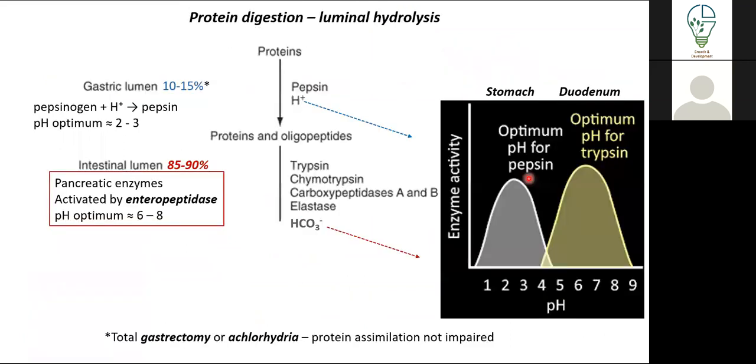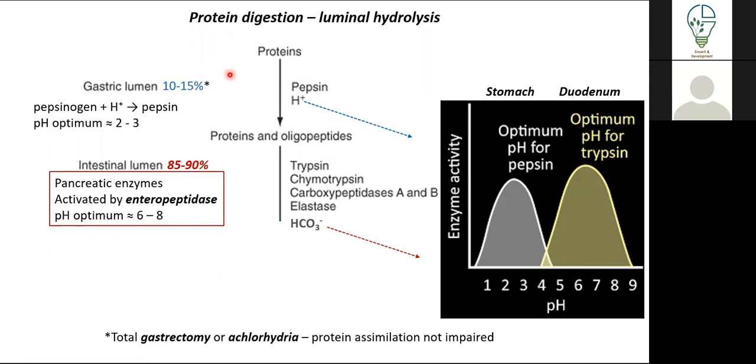Great. Okay, now the thing about protein digestion in the lumen. In the stomach, we do about 10 to 15% of all of the digestion, which is not a lot.